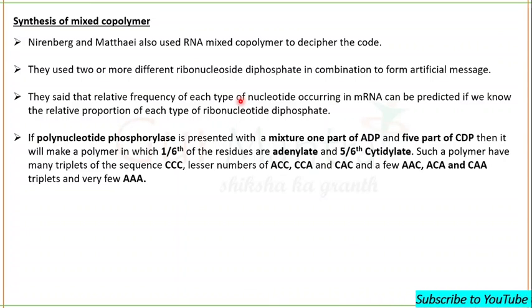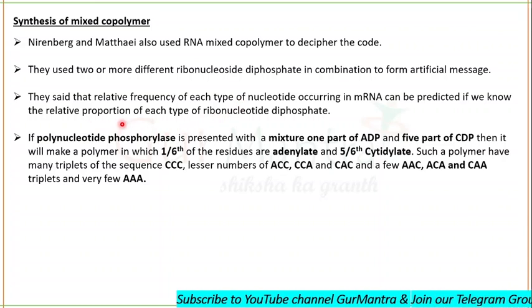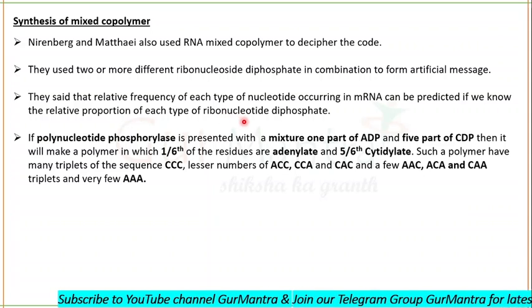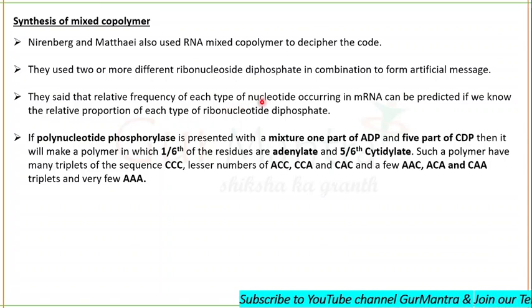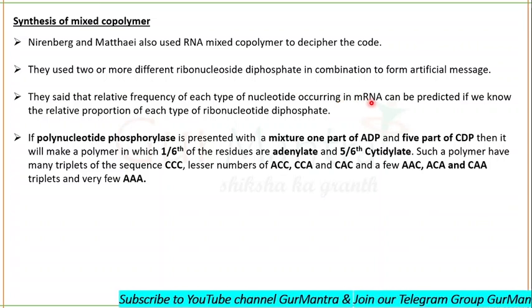They were asked, why are you doing this? They said that if we know the relative proportion of each type of ribonucleotide diphosphate, then we will be able to know the frequency of each type of nucleotide occurring in the mRNA.